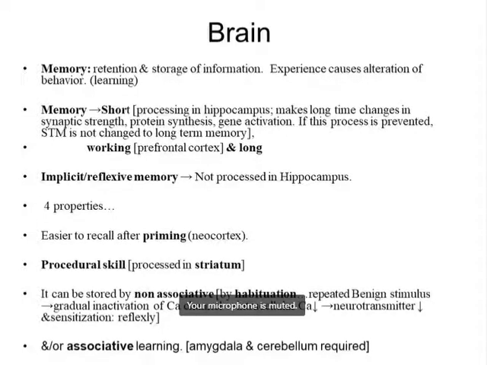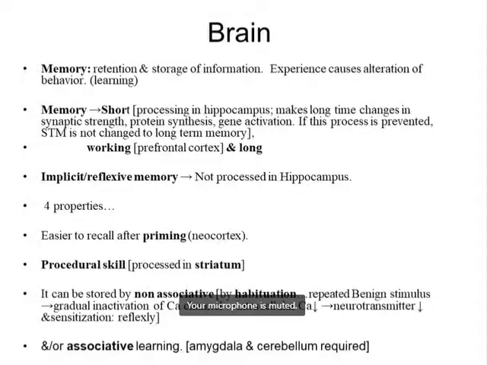That is his learning. Now, memory, which is retention and storage of information, may be short term memory, working memory, or long term memory. How many? Three types: short term, working, long term.